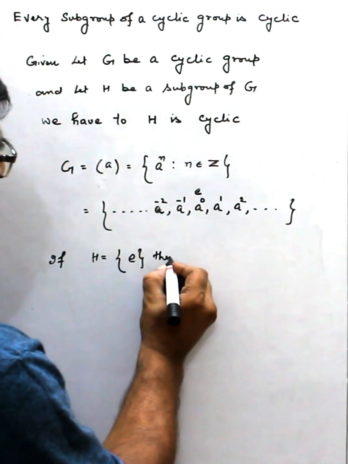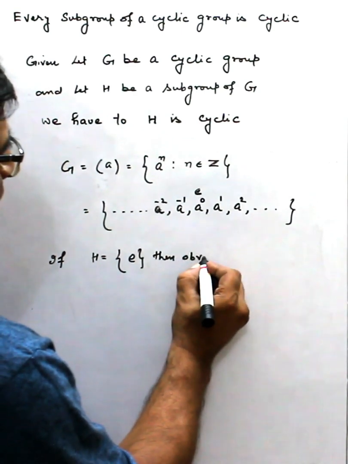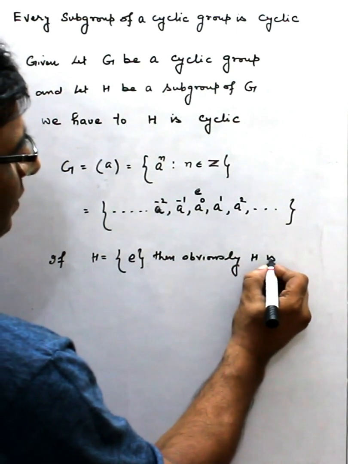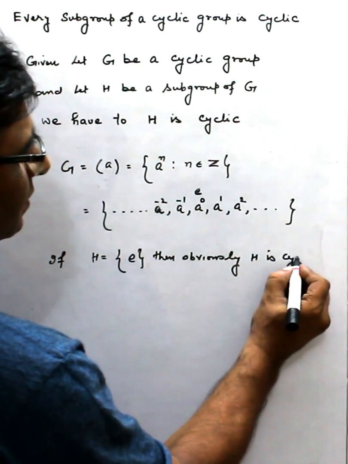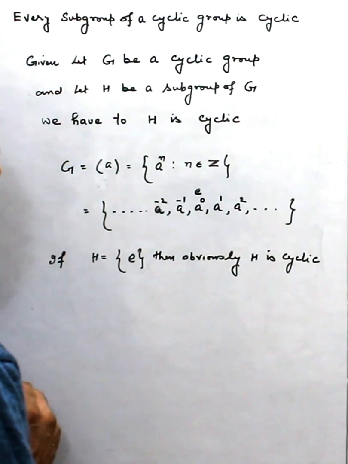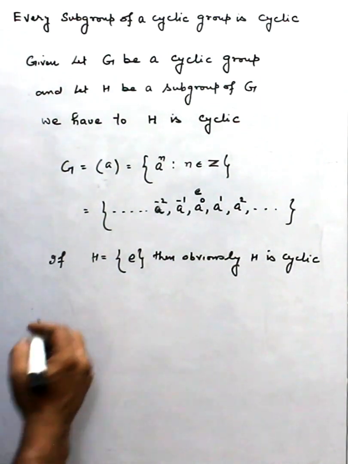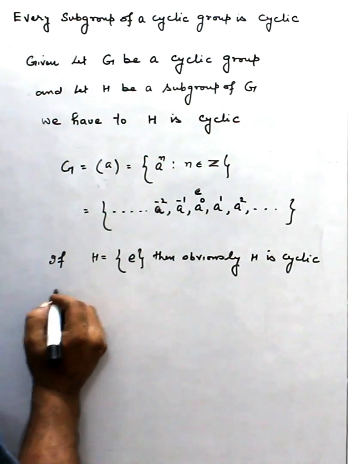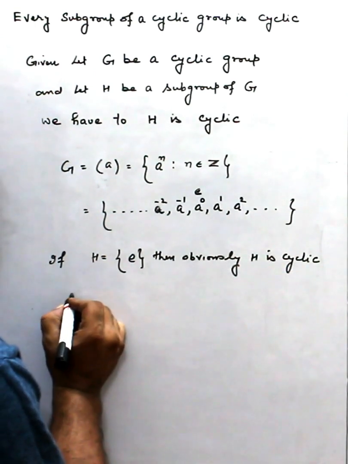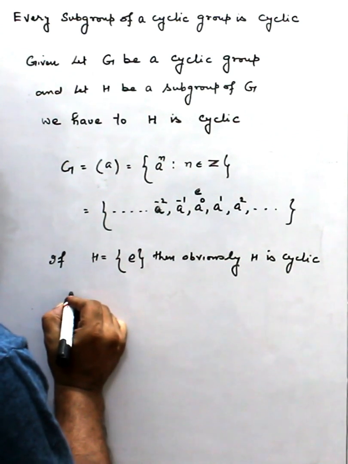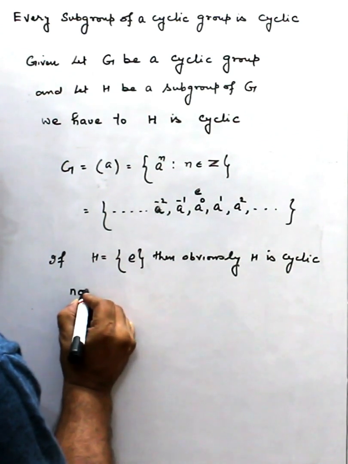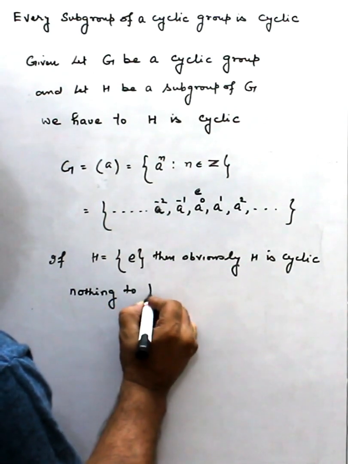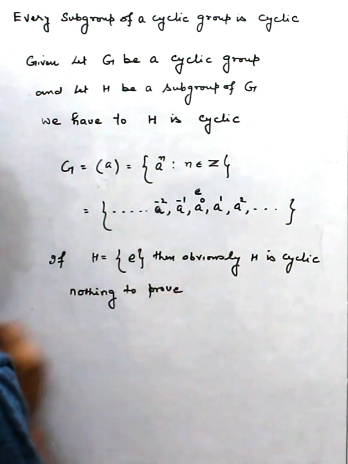Then obviously H is cyclic, so the result is proved and there is nothing to prove.